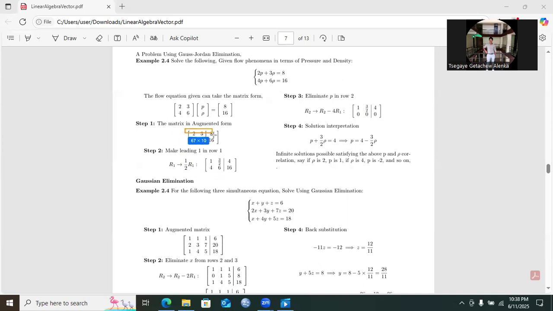But the subsequent operation on row 2 has the goal of achieving 0 in the first entry in row 2. Why? Because our target is achieving a value of unity, that's 1, in here and here, where everything else is 0. That is called Jordan.